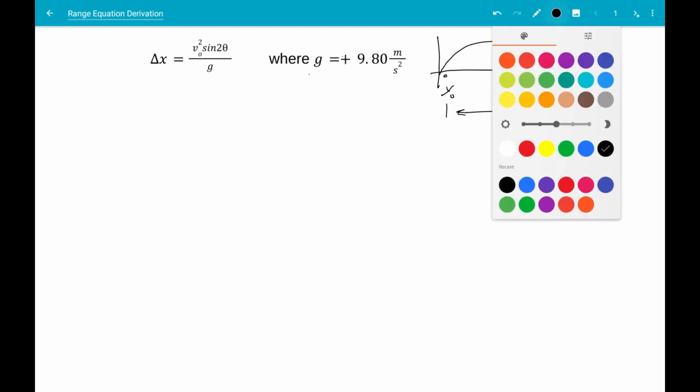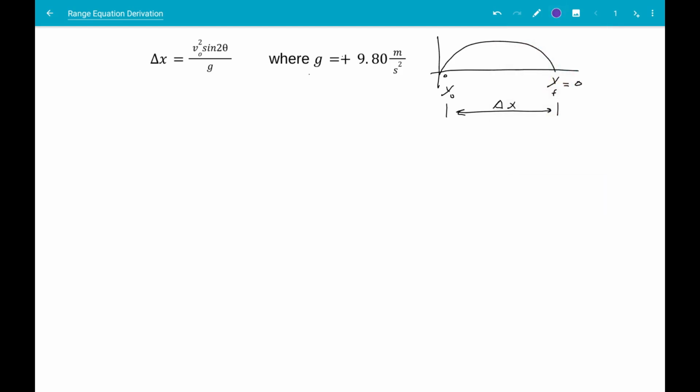A couple things to review real quick: the initial velocity is that tangent vector, v naught. The x component of the velocity is vx naught, and it does not change, it's constant. That's important.